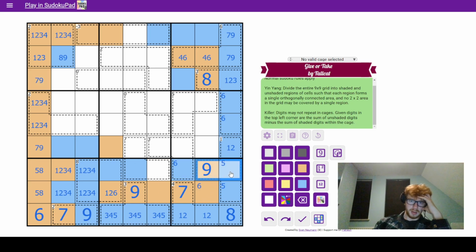So what did I do here? Here I looked at this is the maximum, but then I already knew most of these were blue. And with the other cages that I'm having trouble figuring out, I don't know. Maybe with these, but the problem is they don't all see each other.